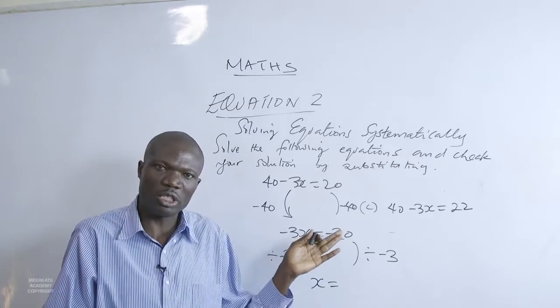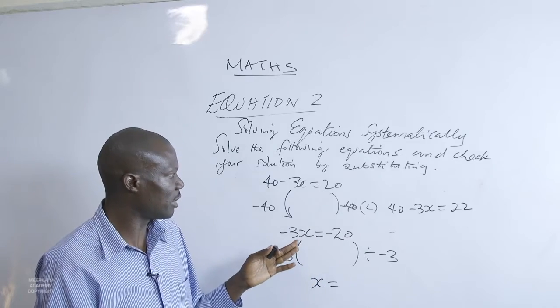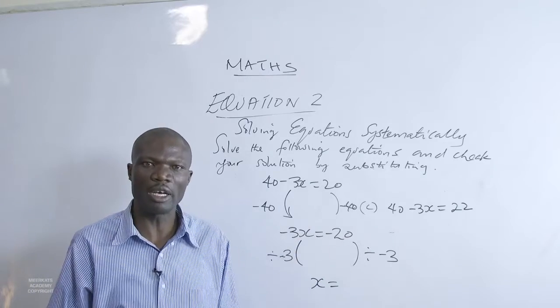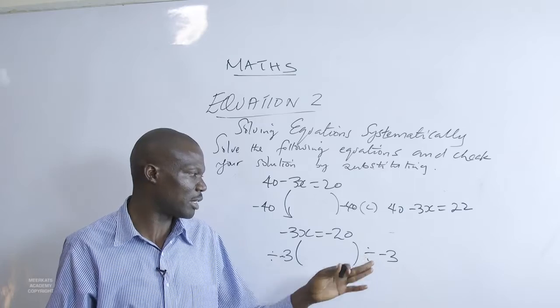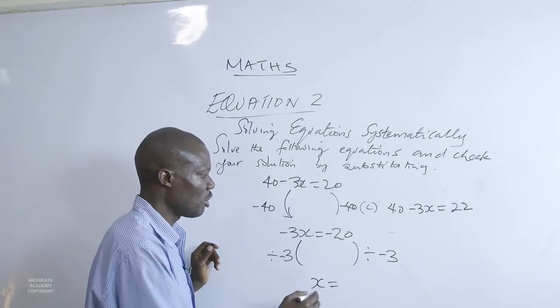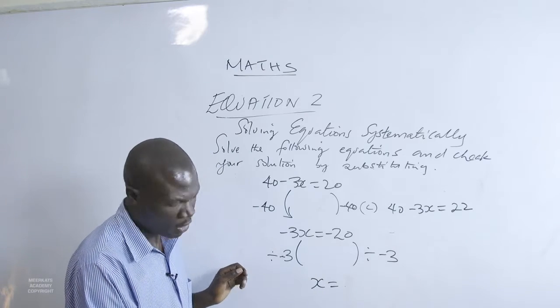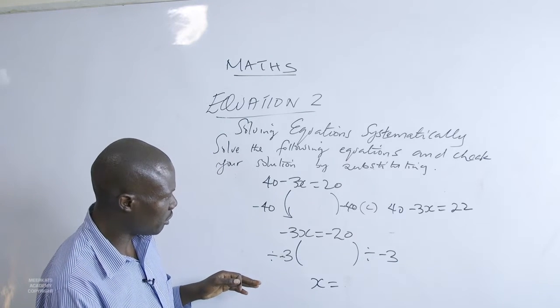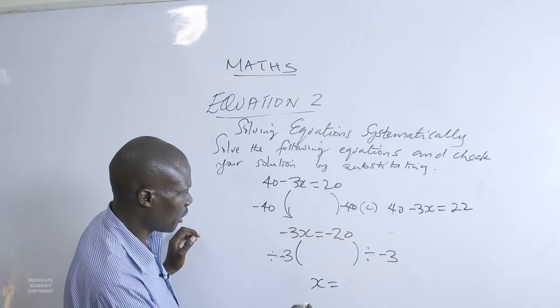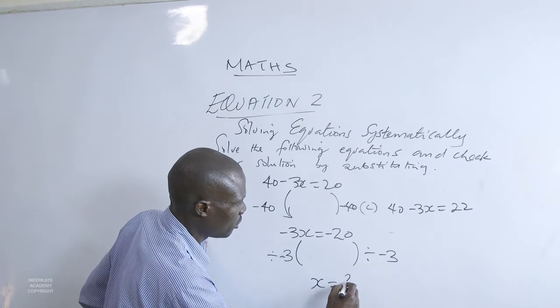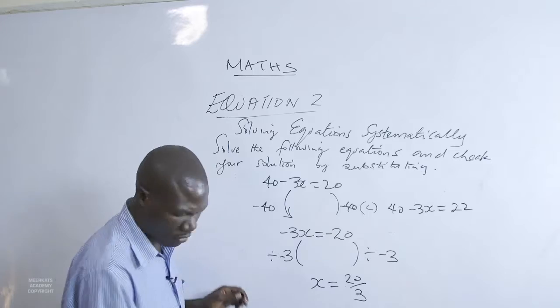Then minus 20 on the other side divided by minus 3 will give us a positive 20 over 3.